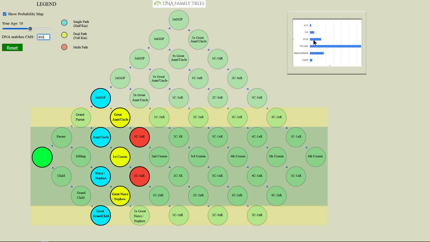The next one it says is half aunt or uncle. So we look here at the single path aunt or uncle, and you're going to be able to find him here. And then after that, the next one is first cousin once removed. It actually introduces the multi-path scenario as the fourth most likely. Well, for me, since this is the second most likely, we're not looking there, the third most likely. Now, I always in my research go yellow, blue, red.